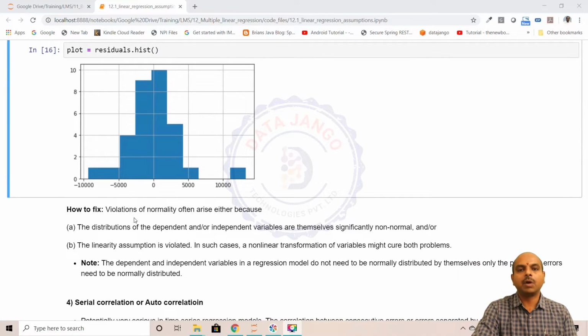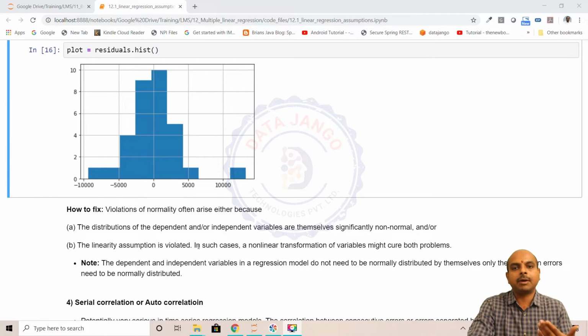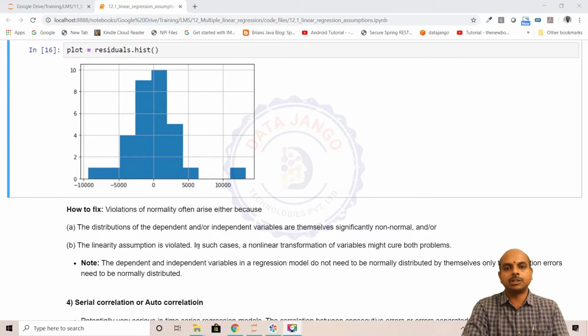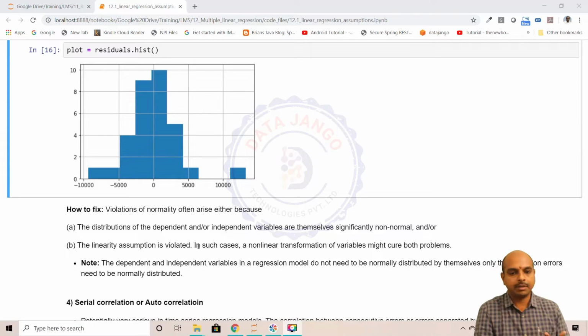So how do we fix it when the error term is not normally distributed? It may be that the data does not have a linear relationship with the y variable. The solution there is that you need to apply some transformation, maybe a log transformation or square root, to make the data a little more linearly related to the target variable.